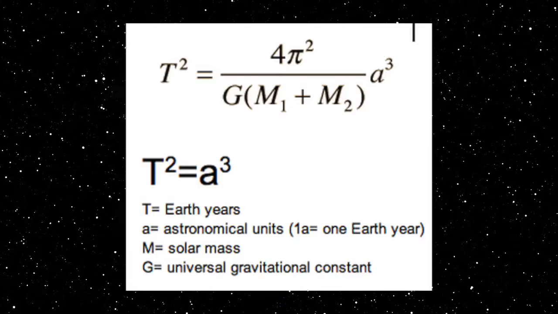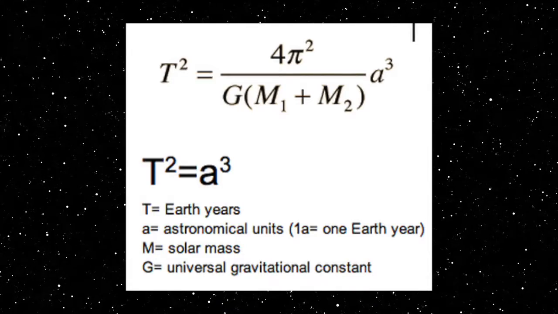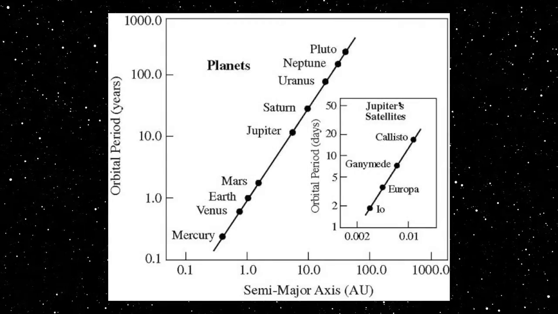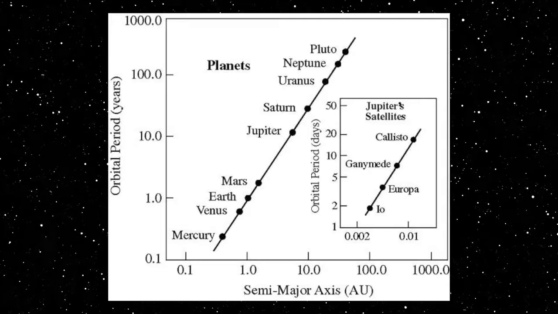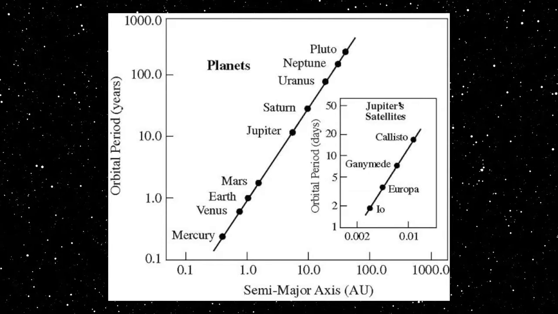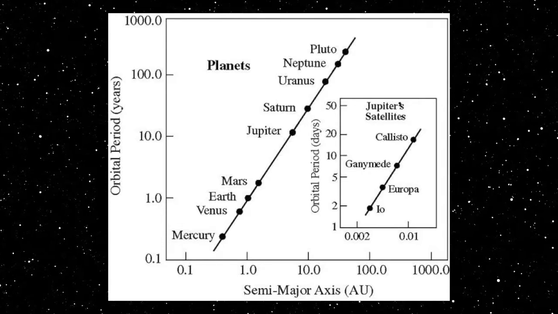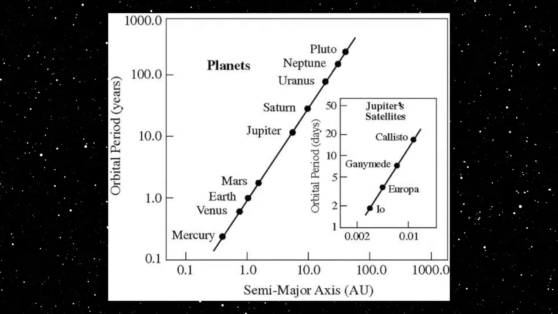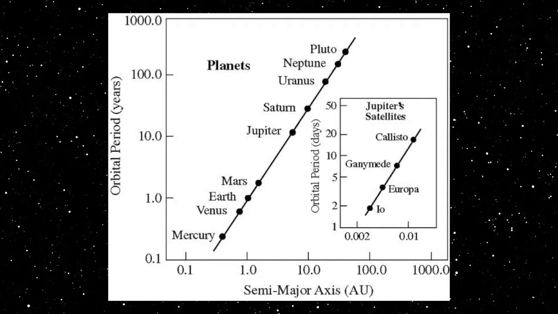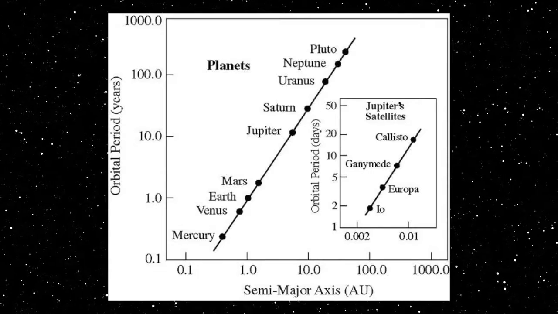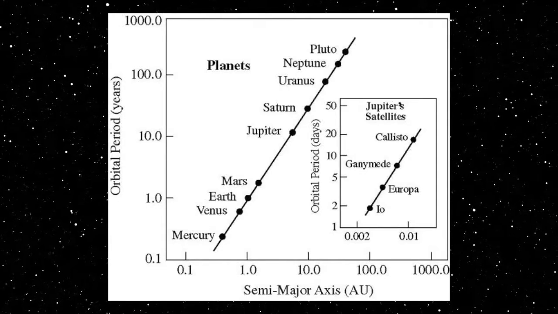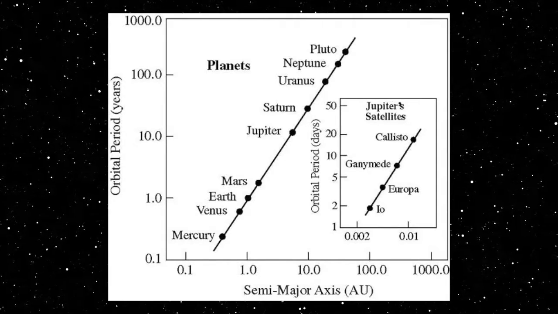The square of the period is proportional to the semi-major axis cubed. In fact, if we choose our units carefully, with the period in years, the time it takes for Earth to go once around the Sun, and the semi-major axis in astronomical units or AU, the distance between the Earth and the Sun, about 150 million kilometers, the proportionality becomes an exact equation.